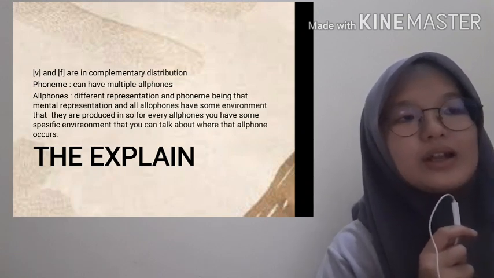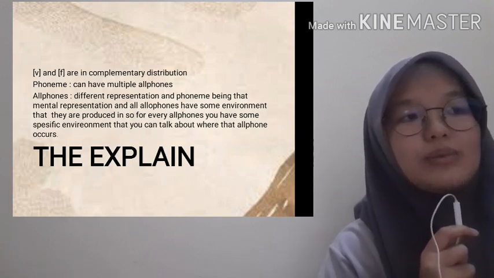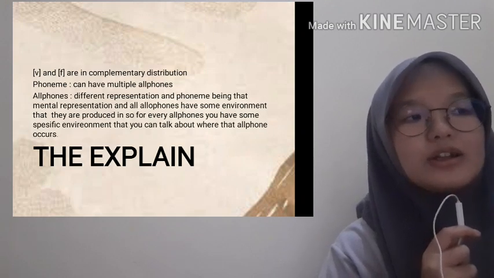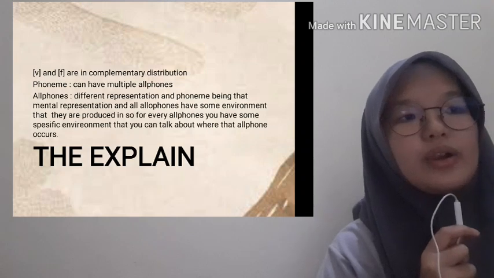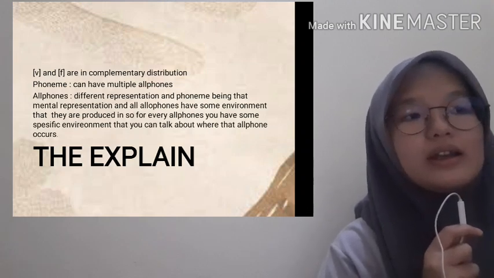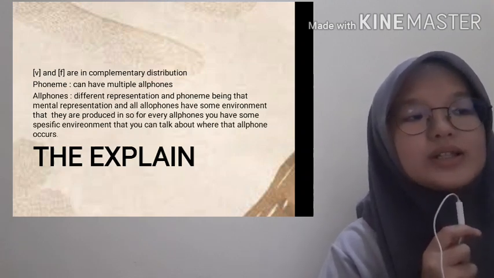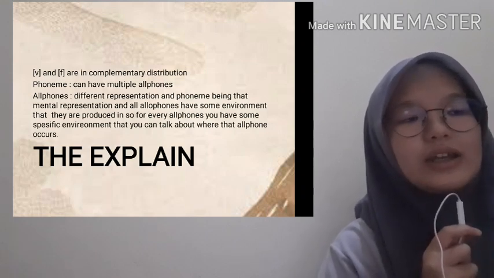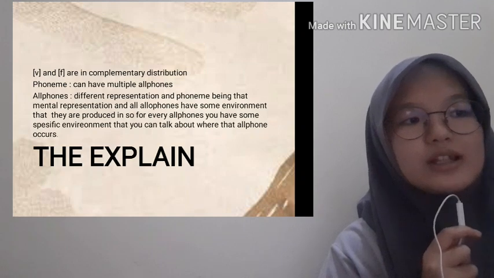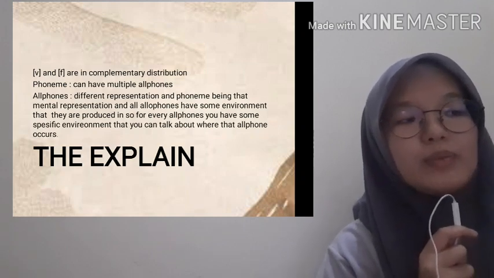So this is what it means to be in complementary distribution. There is no overlap, and we are never going to find the shortened V before a voiceless consonant. That will never happen, at least not in the dialect of English that I speak, and maybe other people.